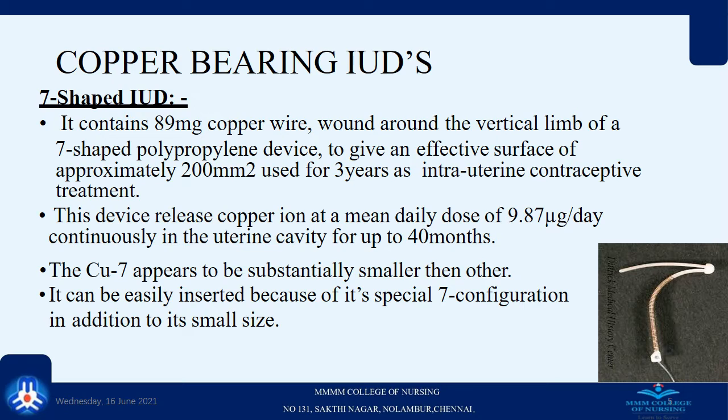So this 7-shaped IUD will release around 9.8 microgram of copper daily for about 3 years. It can be used for 3 years only. Due to its shape and size, it can be inserted easily. This is about the 7-shaped IUD.